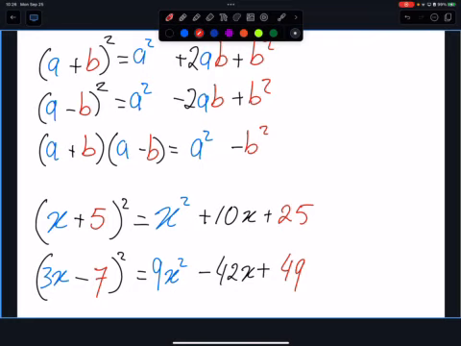Special products. So when you do 3x minus 7, this is A and this is B. 3 times minus 7 is minus 21 multiplied by 2.